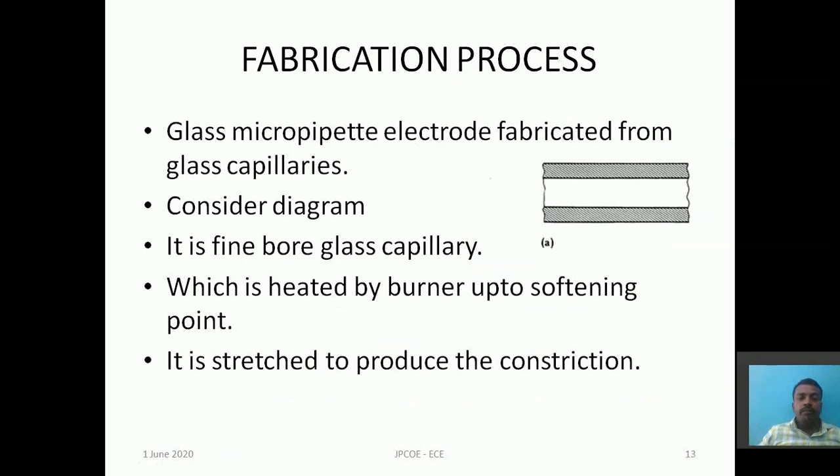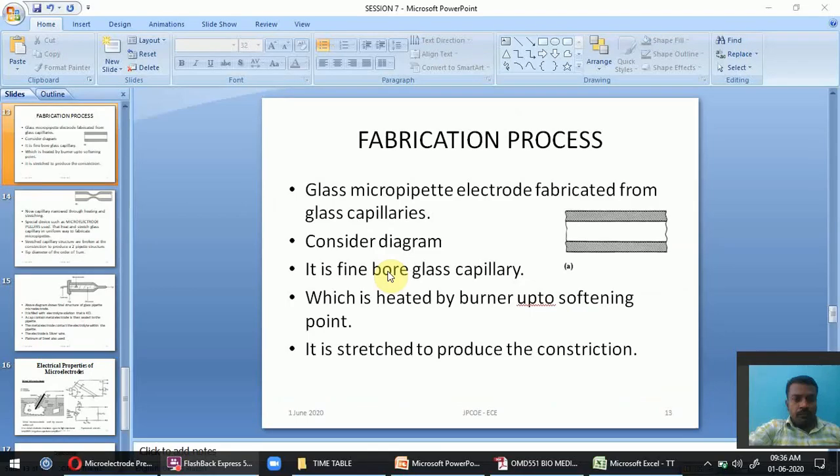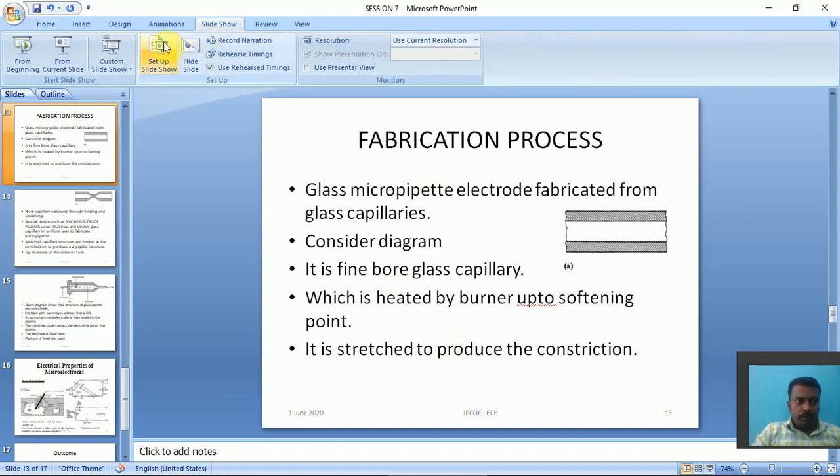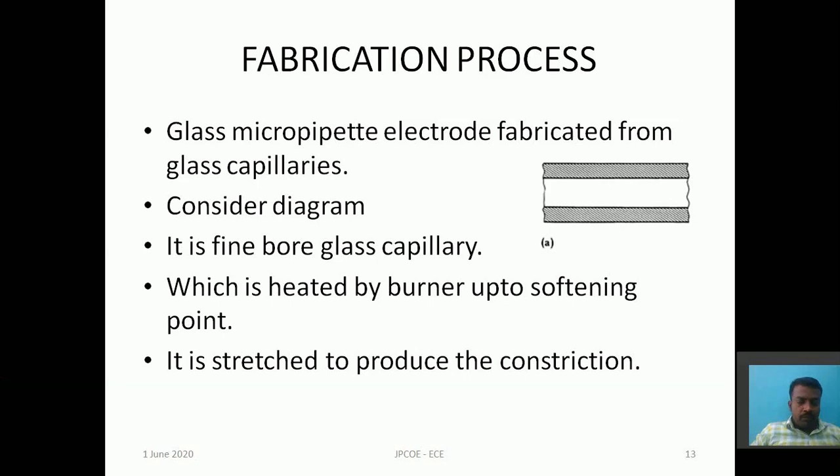First one, the fabrication process. The glass micropipette electrode is fabricated from a glass capillary.